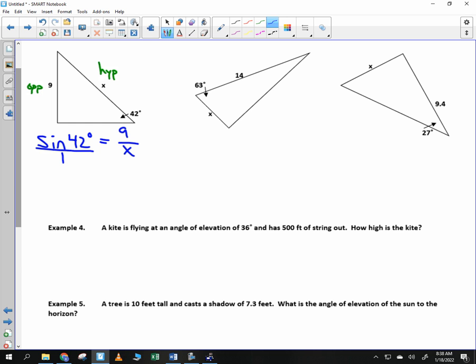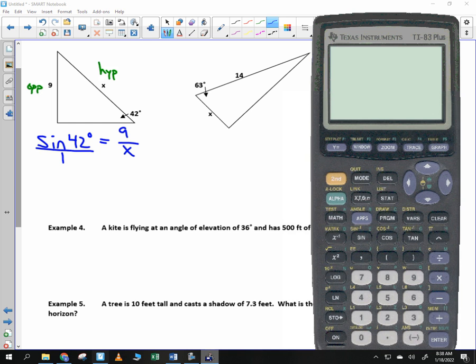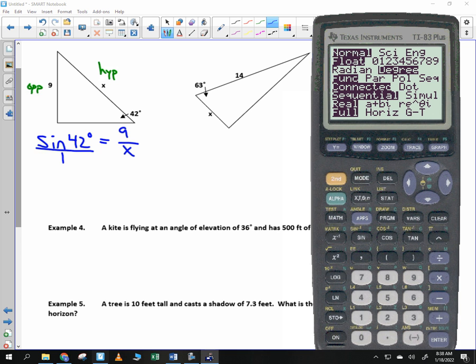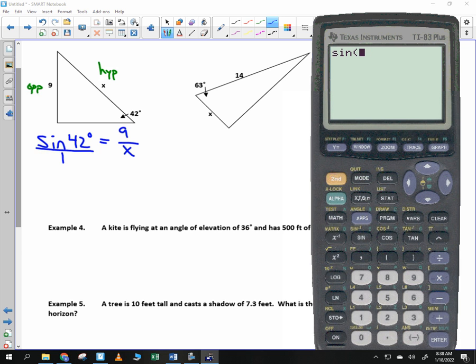I first have to find the sine of 42 degrees. I turn on my calculator. I go into mode to make sure I'm working in degrees. I press sine of 42 degrees. 0.6691. So 0.6691 over 1 is equal to 9 over x. How would you solve?